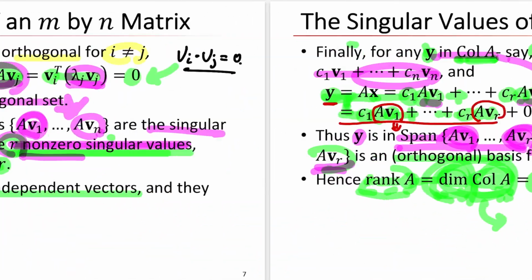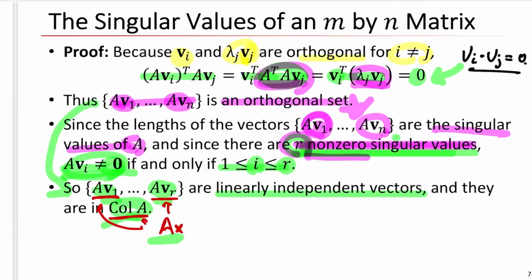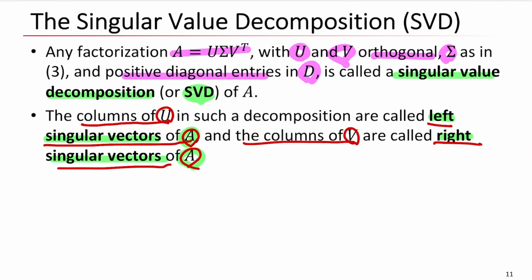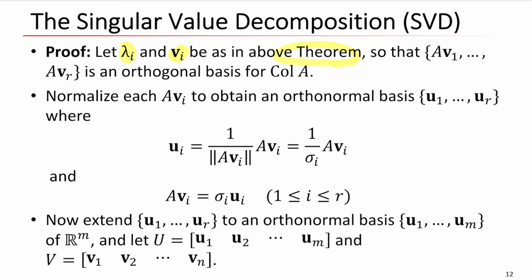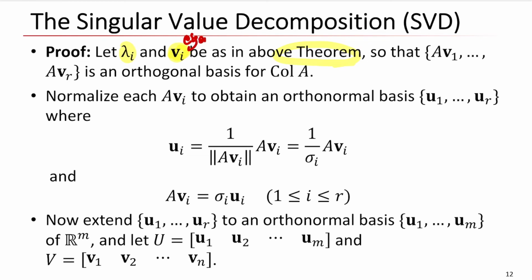If you remember the previous theorem, here lambda i and vi are defined as the eigenvalues and eigenvectors of A transpose A. So vi are the eigenvectors of A transpose A, and lambda i are the eigenvalues of A transpose A, right?